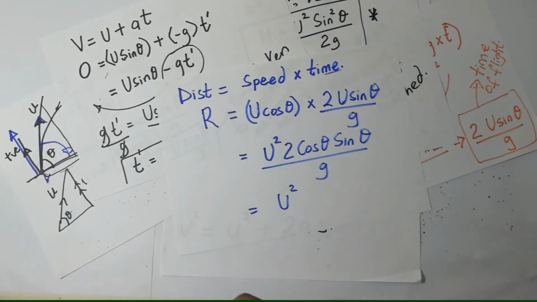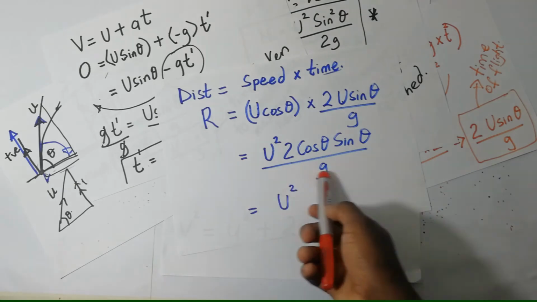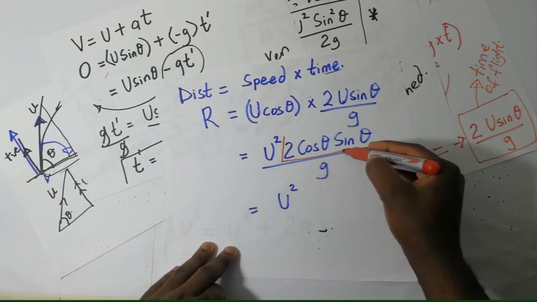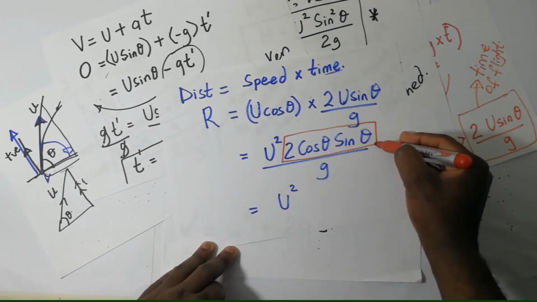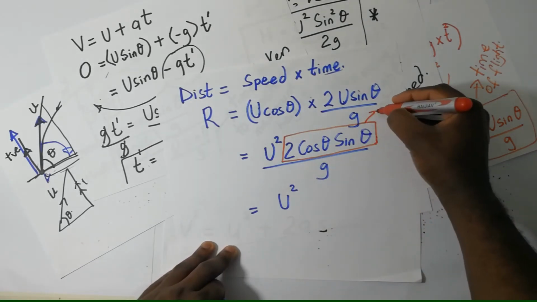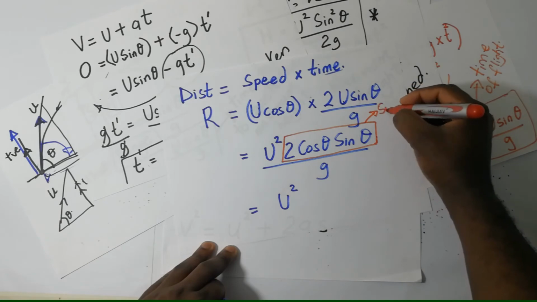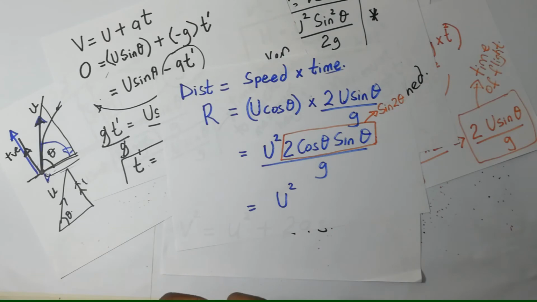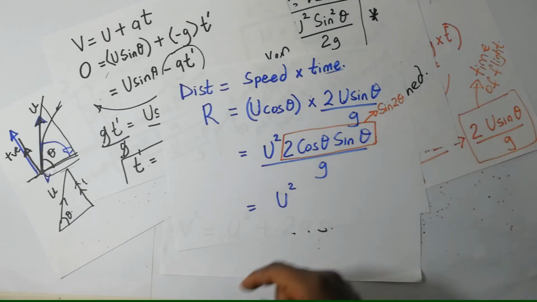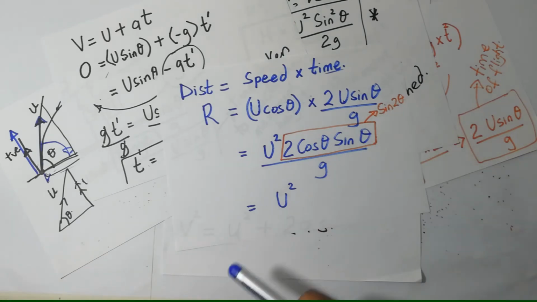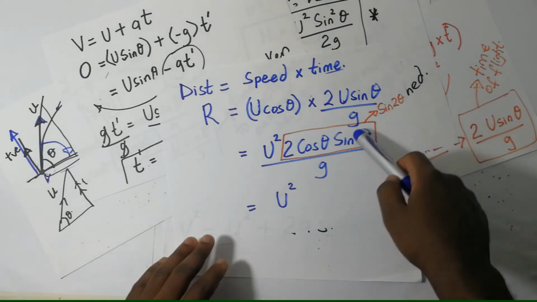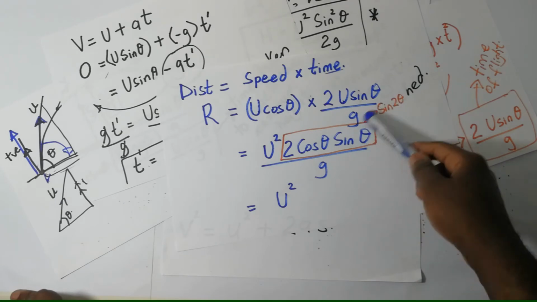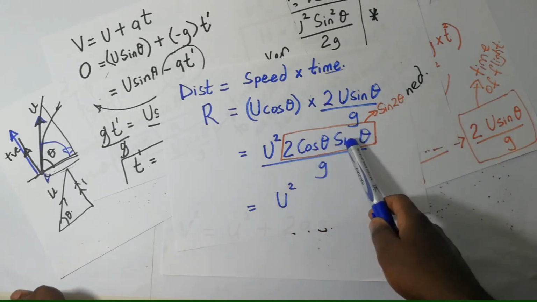Now, using trigonometry, we've actually gotten the final answer, we're just trying to refine it. This is a trigonometrical identity. Trigonometry is another topic in pure mathematics, and I am assuming that you have learnt about this, or you should have prior knowledge about trigonometrical identities, that 2 cos theta sine theta is the same as sine 2 theta.